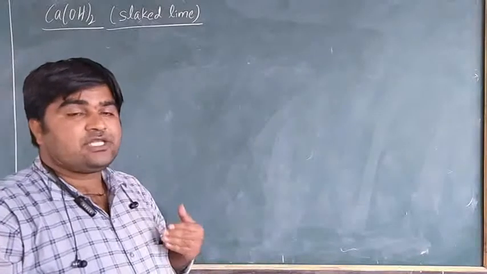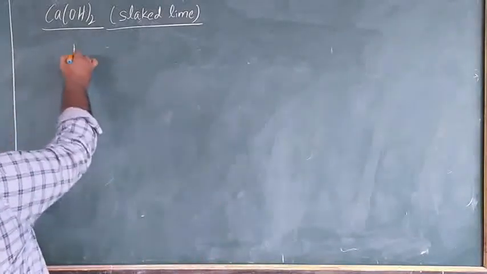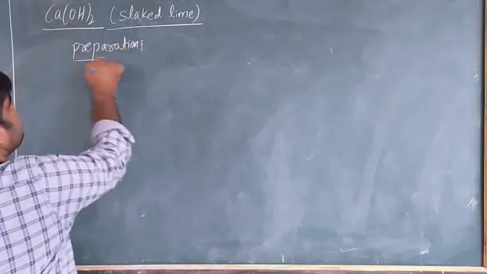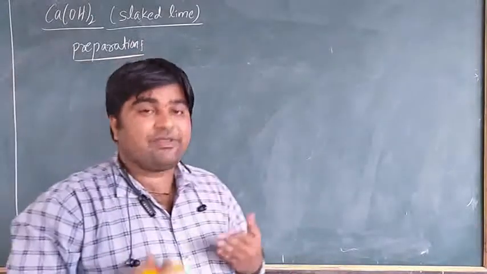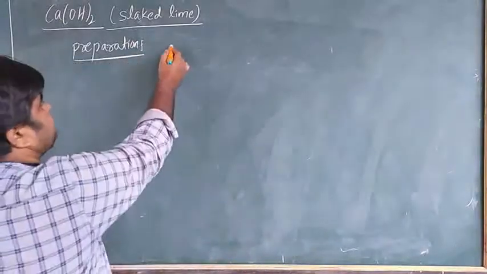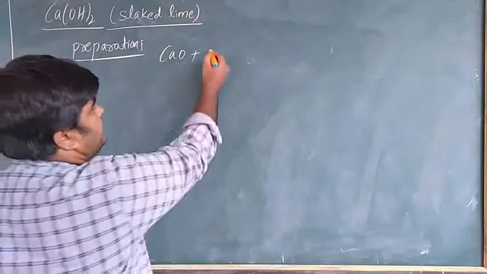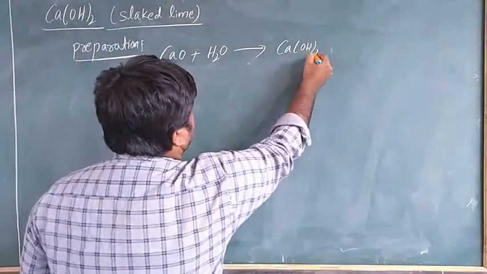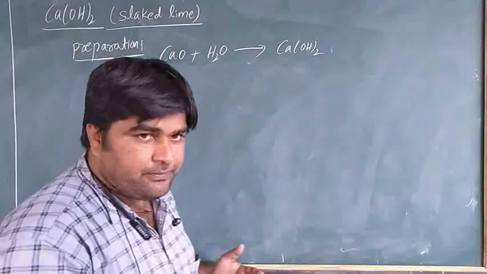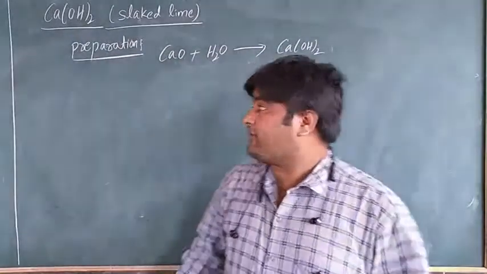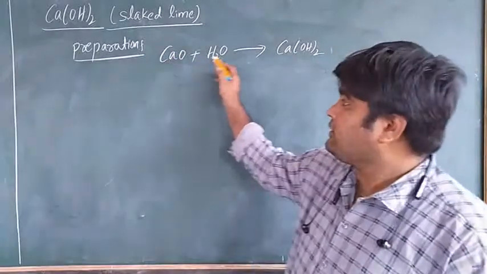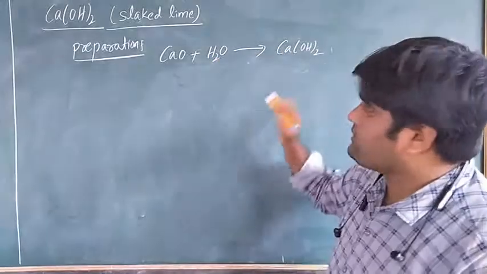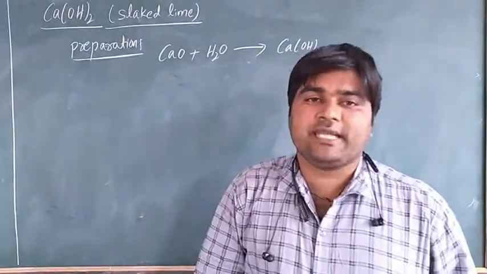Preparation, simply remember like this. Calcium hydroxide is prepared from quicklime only, calcium oxide, which reacts with water to form calcium hydroxide, that is slaked lime.